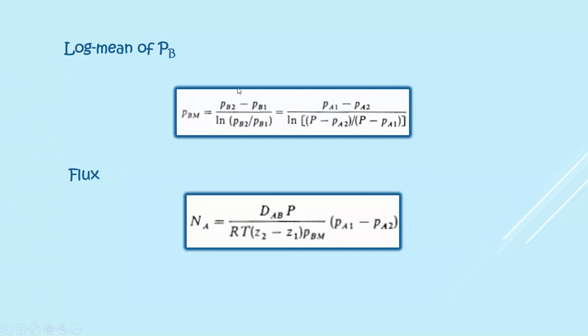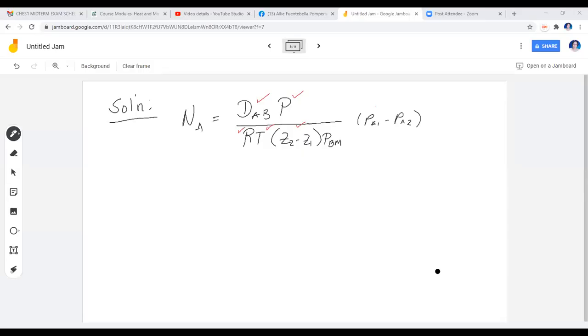So even if you want this because it's simple, you still need the PA1 and PA2 in here. So you might as well use this one. Still, it depends on you, whichever you find easier to do.